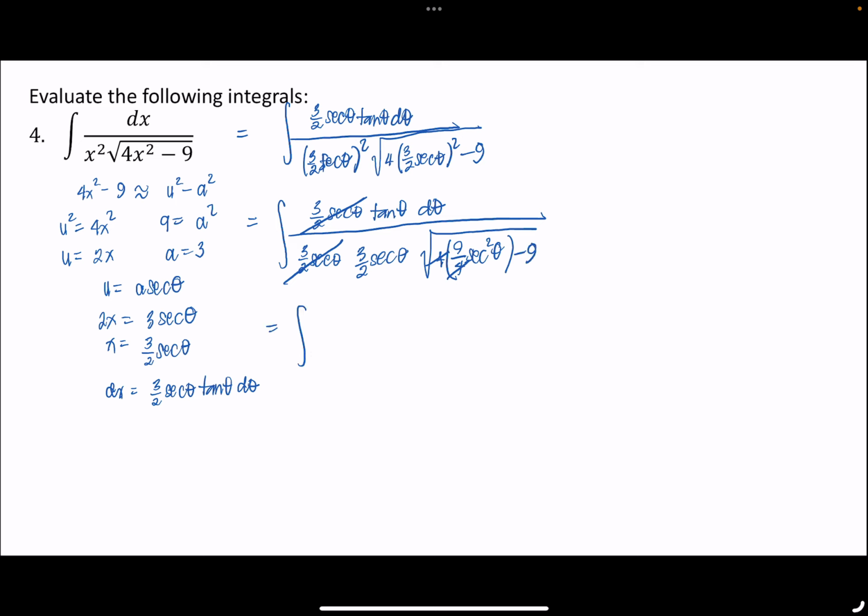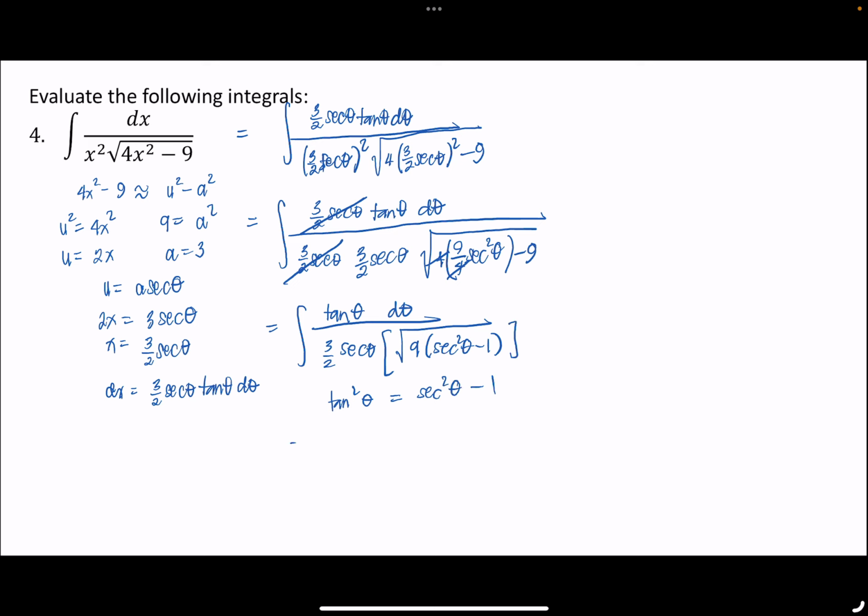So that would now be the integral of tangent theta d theta over 3 over 2 secant theta times the square root of 9 times secant squared theta minus 1. Take note that tangent squared theta is equal to secant squared theta minus 1.